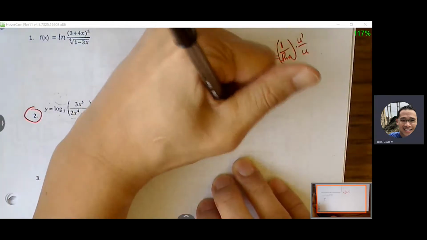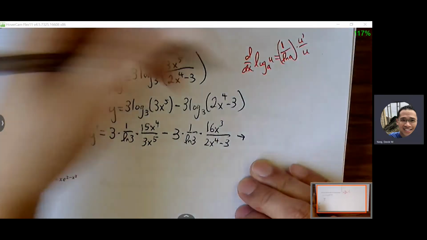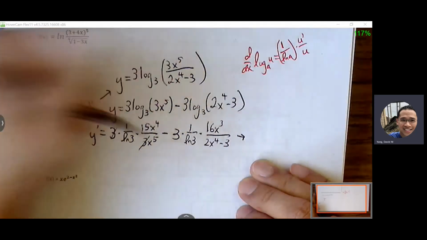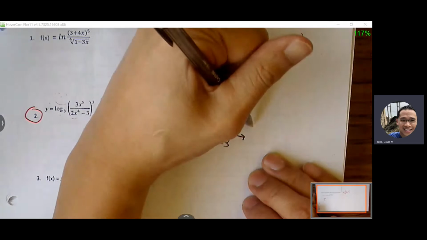Okay, looks messy, but we can just try to clean up as much as we can here. The 3's can cancel out. A couple of the x's can cancel out.